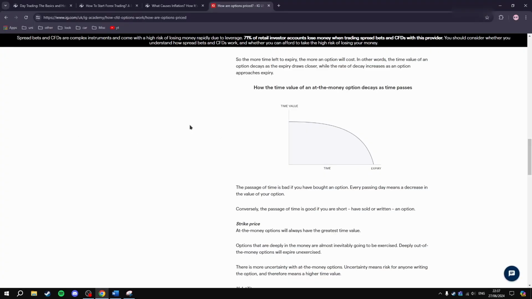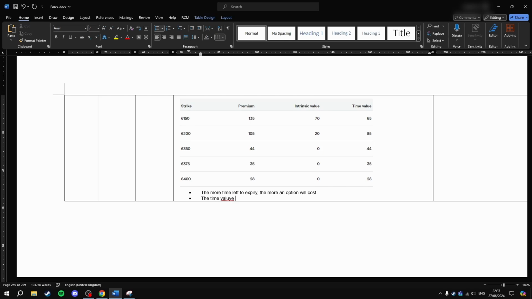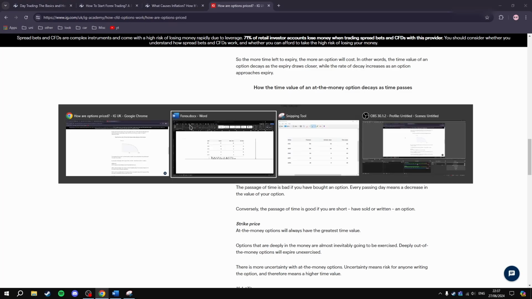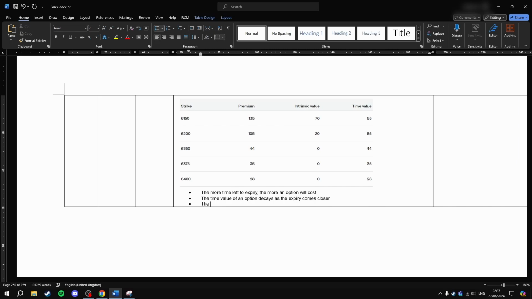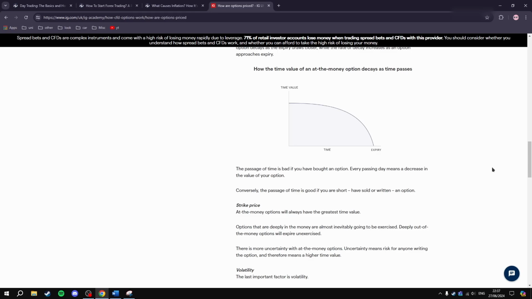In other words, the time value of an option decays as the expiry draws closer, while the rate of decay increases as an option approaches expiry.